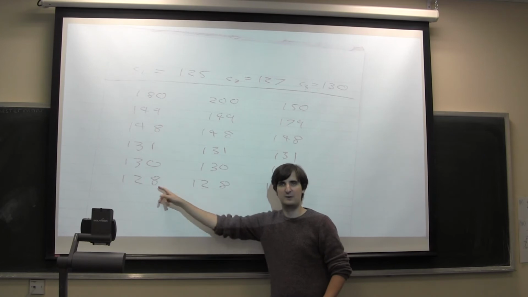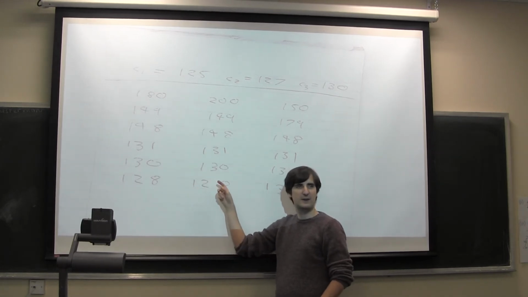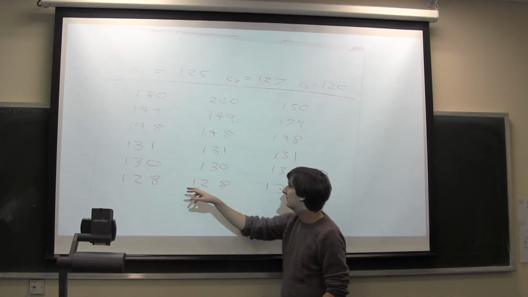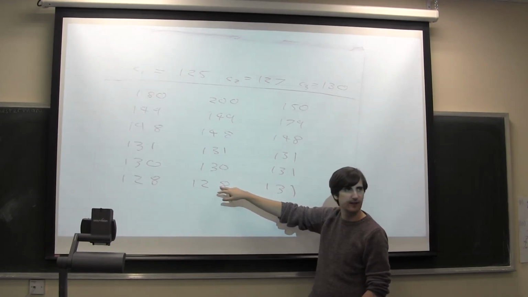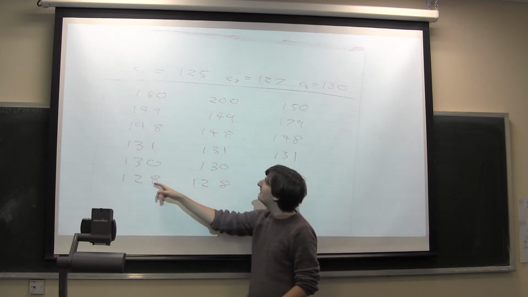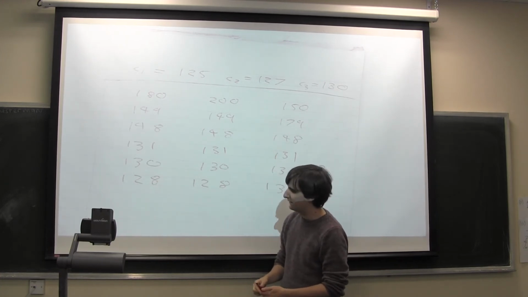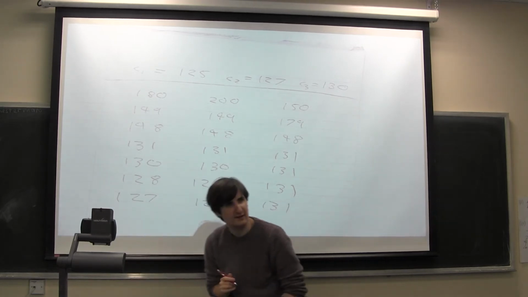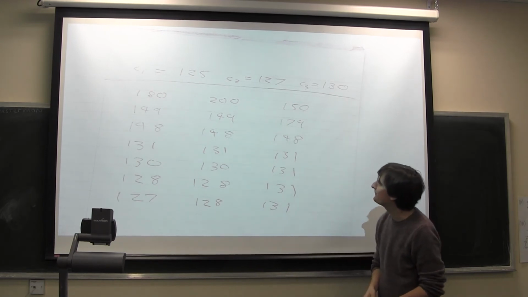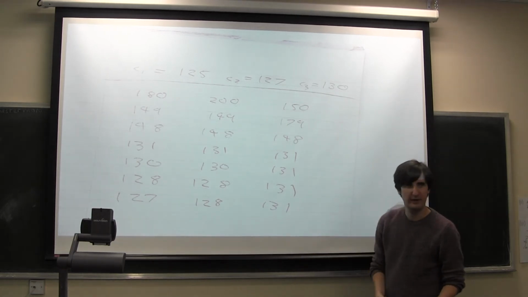The demand is split between these two firms, both making £1 of profit per unit. So this firm wouldn't like to deviate down at this point, but this firm would. So 127, 128. Let's have a look at that. That looks more promising. So is this an equilibrium?